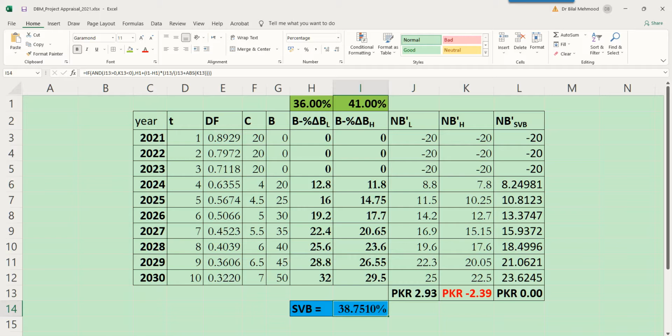So we choose this switching value of benefits and we calculate the NPV on the basis of it. So this is the series of net benefits after using the switching value of benefits in the calculation.